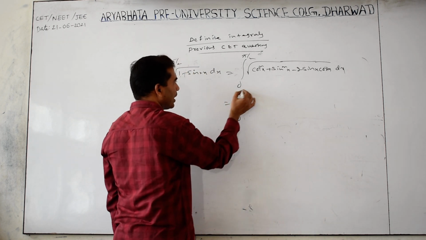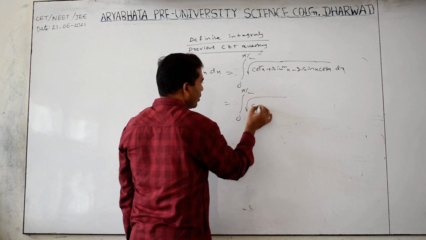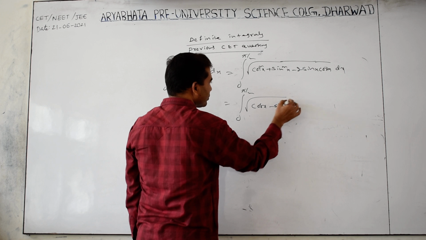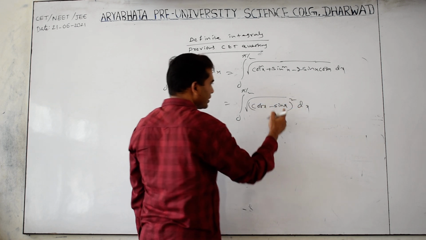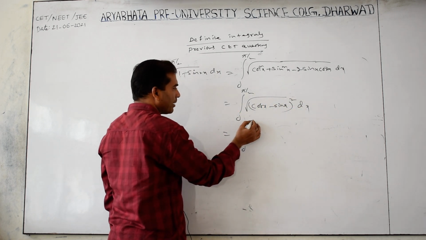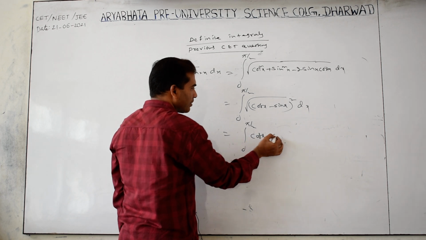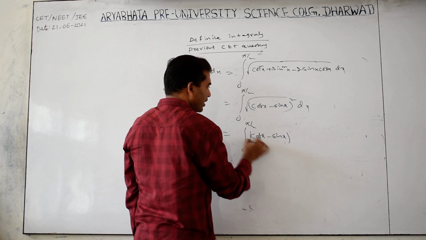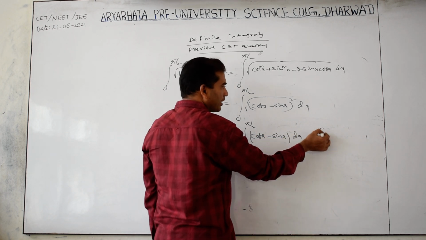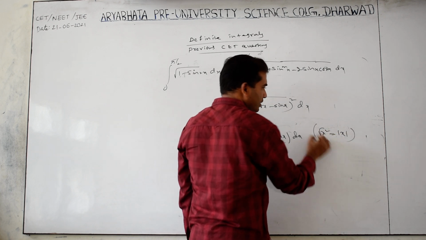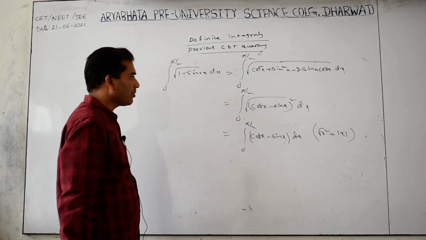Integration of 0 to pi by 2 of root of cos x minus sin x whole square dx. This is equal to 0 to pi by 2 of the mod of cos x minus sin x, since root of x square equals mod x.